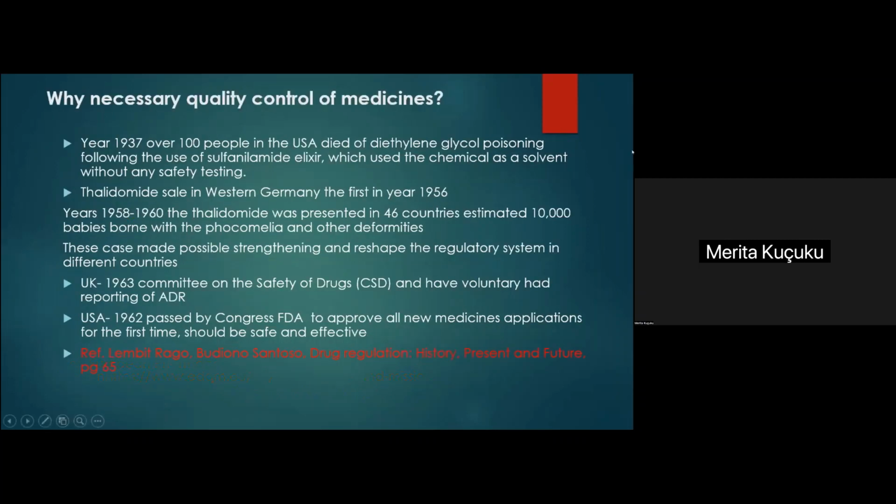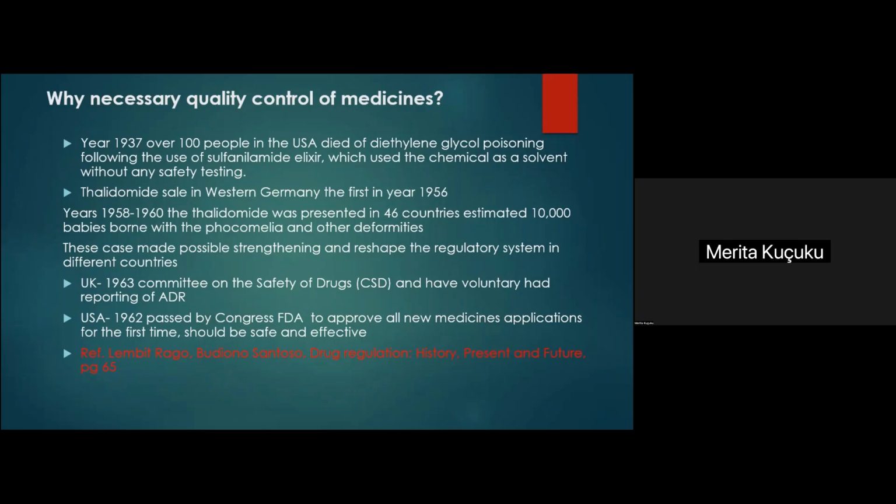Why do we need quality control of medicines? The history of the use of human medicines shows us that we need to perform quality control of medicines because we have had, in some cases, very bad experiences with the use of medicines.